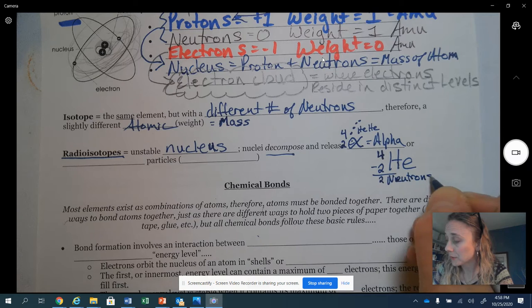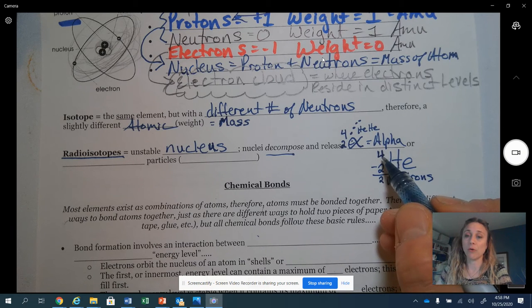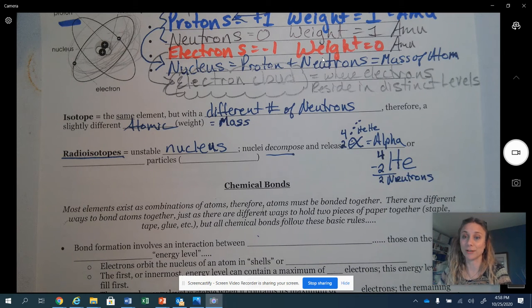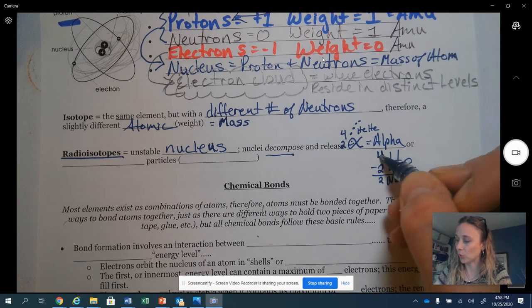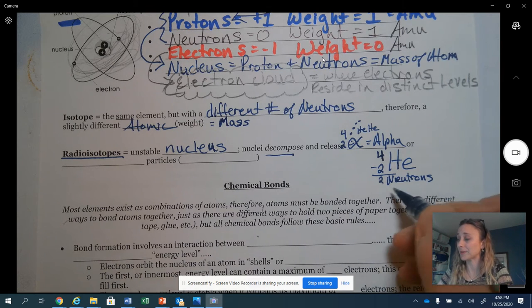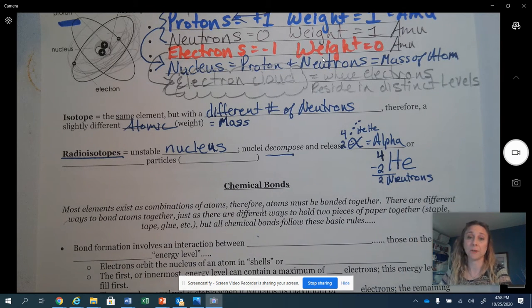Remember, the mass is also the number of protons plus neutrons. It's all having to do with what's in the nucleus. Remember, we gave neutrons a mass of 1 and protons a mass of 1. So we count them. They're counted here. And in total, helium has a total of 4 protons plus neutrons. That's its atomic mass. So that's how you calculate the number of neutrons.